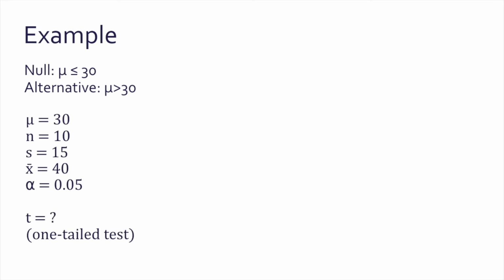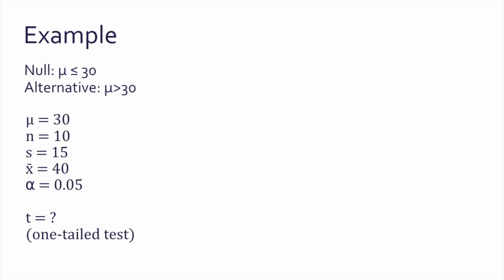Let's take a look at an example. We have the null hypothesis stating that the population mean is less than or equal to 30, and the alternative hypothesis claiming that the population mean is more than 30. We also run some tests, and this is what we get. We have a sample size of 10, the sample standard deviation of 15, and the sample mean of 40.